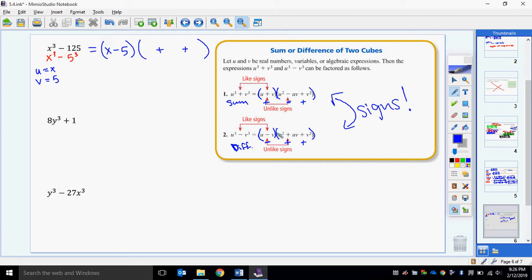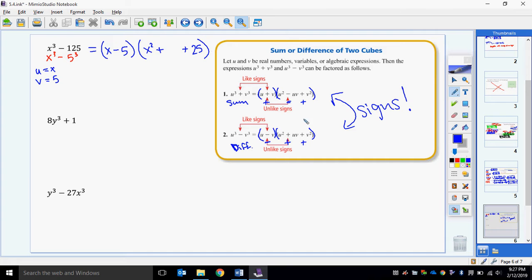Now, let's go on to our u squared. Our u is x, so I need to write that squared in the front. In the back, I'm going to write v squared. So I can write 5 squared, or I can just write 25, because eventually we're going to have to simplify it. Okay, so know that I squared the 5 here.